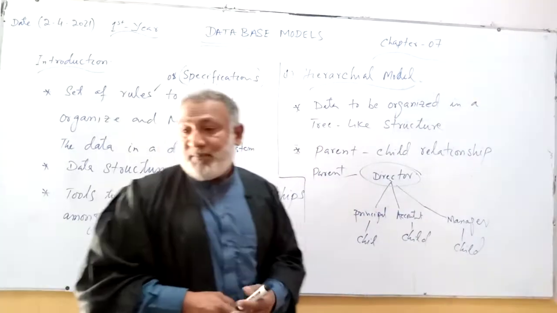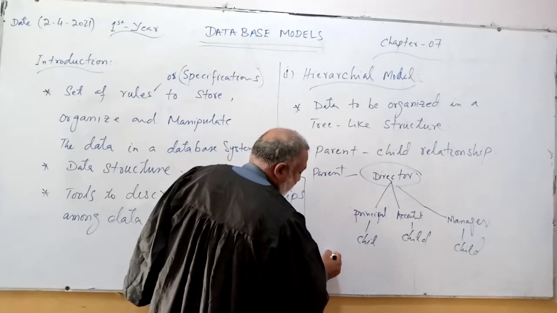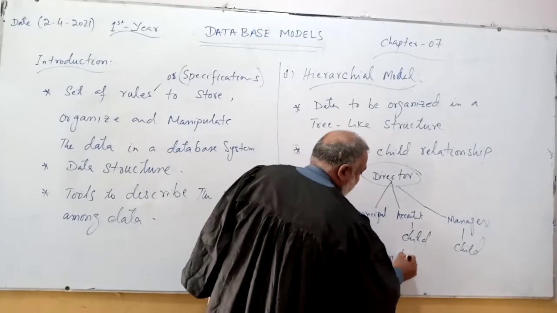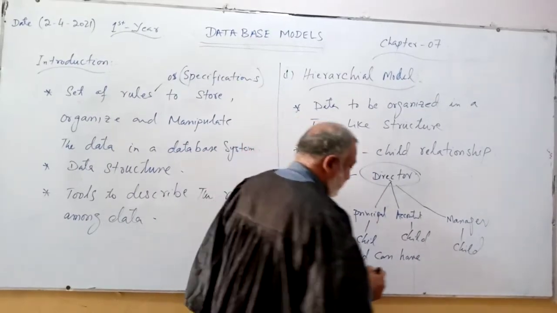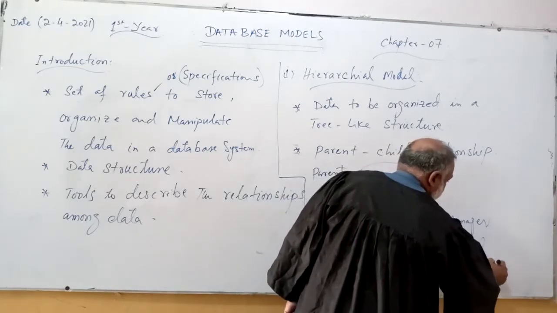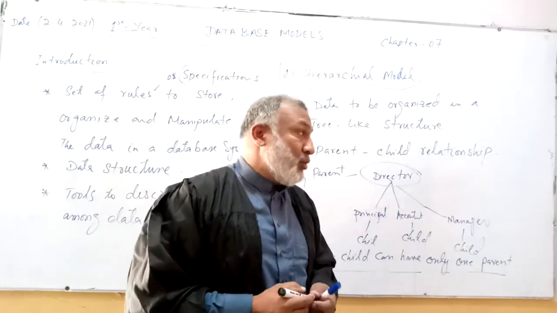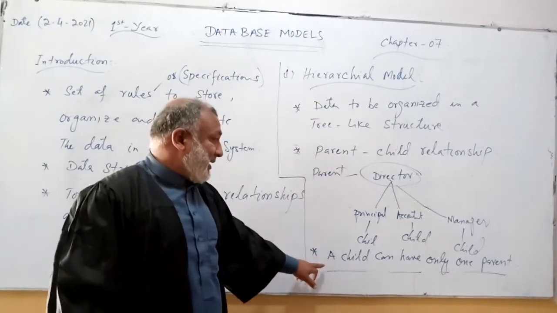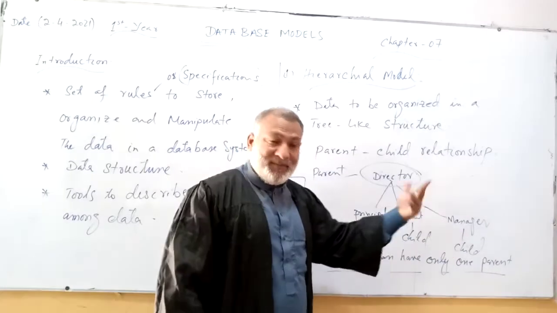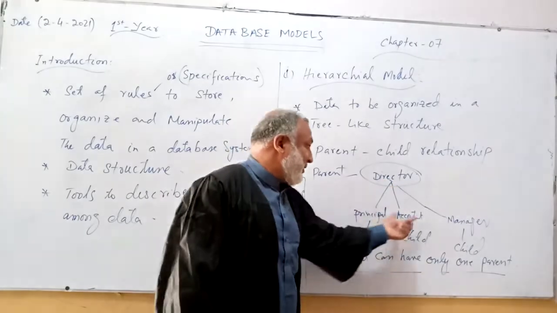And there is a rule in a parent-child relationship: one of the basic rules of the hierarchical model is that a child can have only one parent. It cannot be inherited like multiple inheritance. This is like inheritance, where there is a parent class and we have child classes.